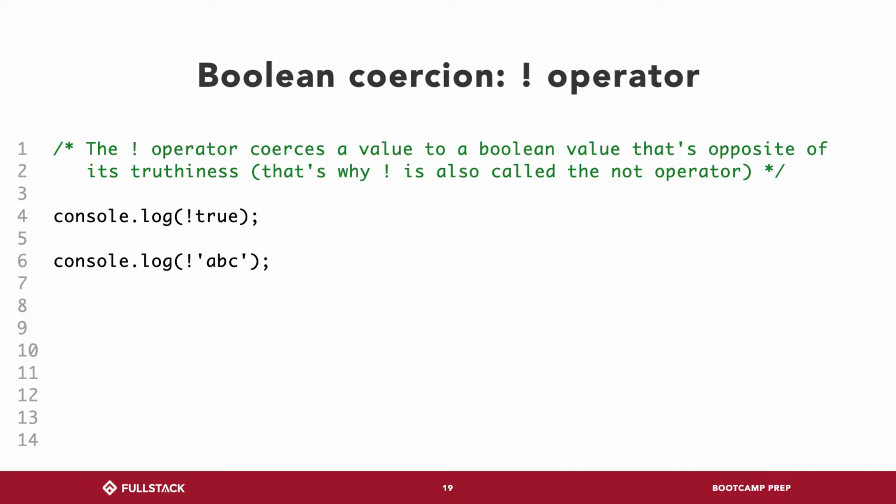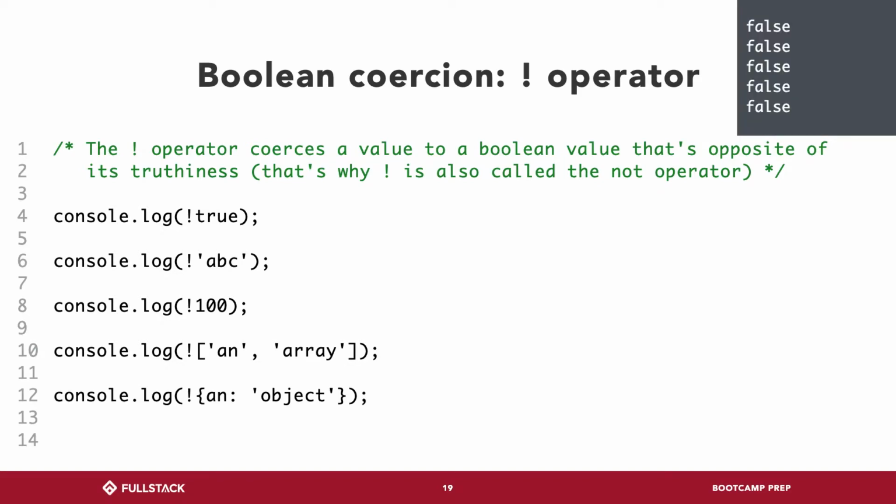So console log, bang true, bang a string ABC, bang 100, bang an array, bang an object, you get false, okay? It's the opposite. But it's better than writing capital Boolean and then reversing that somehow, okay? Bang is very powerful. It returns the opposite of its truthiness, okay? And it returns the actual value, okay?